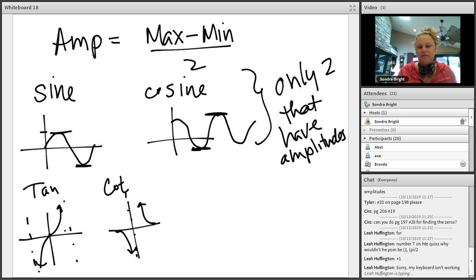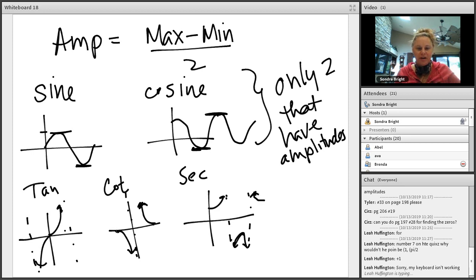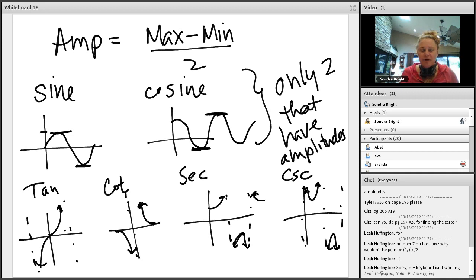But it's going on forever and ever. And secant is the reciprocal of cosine, and so it looks like that and like that. But they go on forever and ever in the positive y direction and the negative y direction. This one goes up and going down like that. Anyway, they go on forever and ever in the positive y direction and the negative y direction.